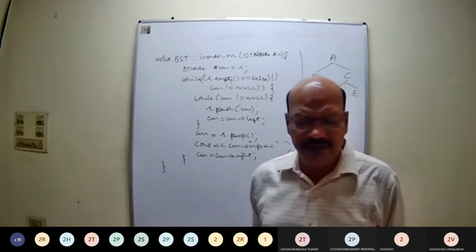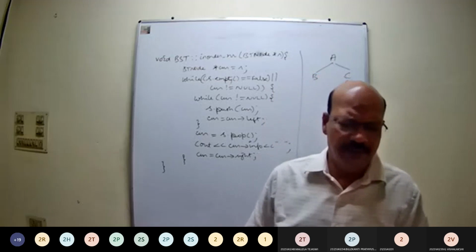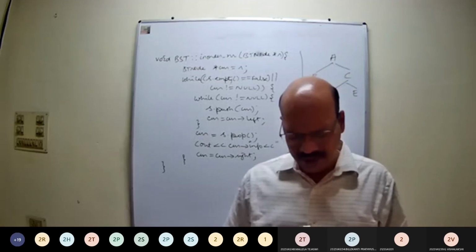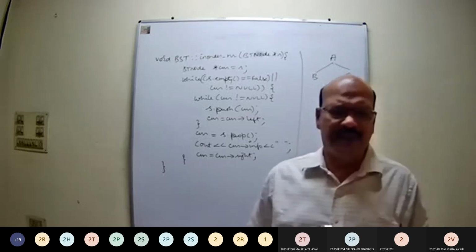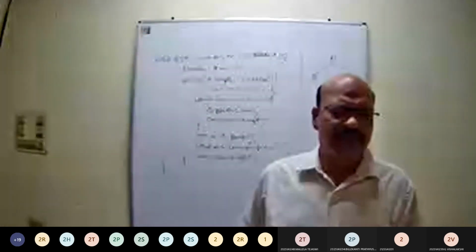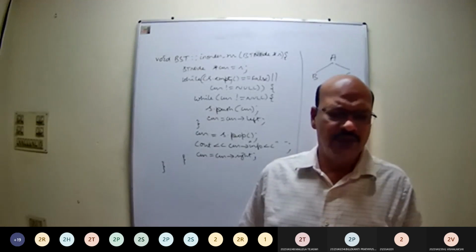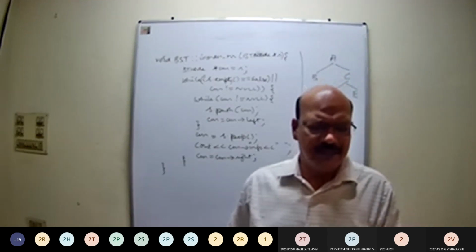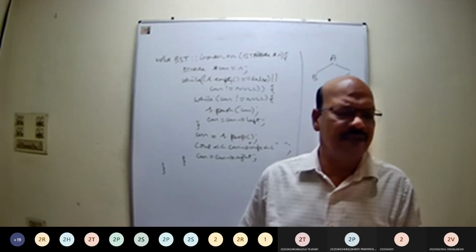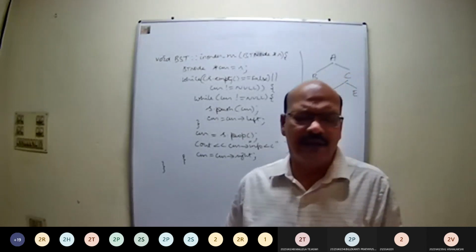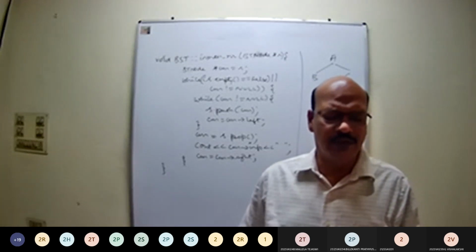See, non-recursive tree traversals in the sense, recursion by default or implicitly uses a stack for the implementation of recursion. So whenever a recursive function call is invoked, the address of the next statement will be pushed onto the stack, and then recursively the same function will be called once again with the set of parameters with which it is invoked.